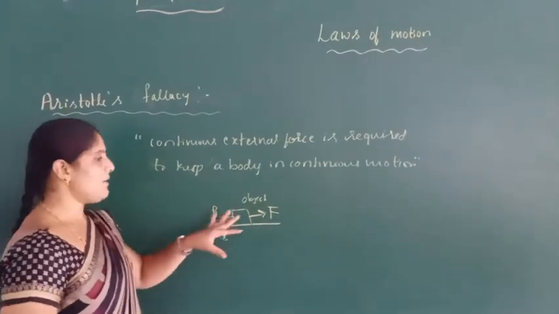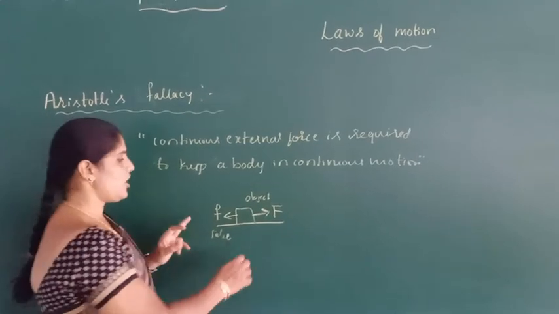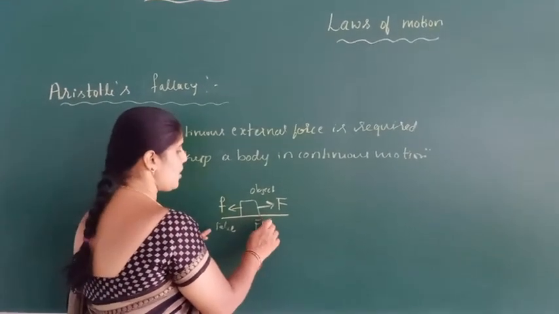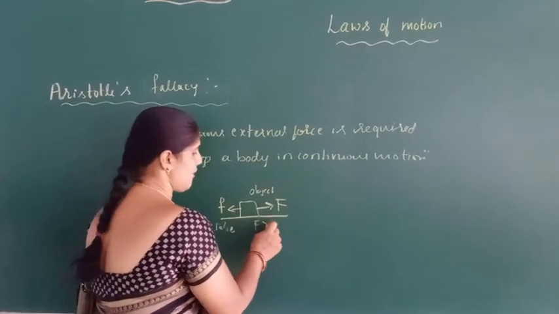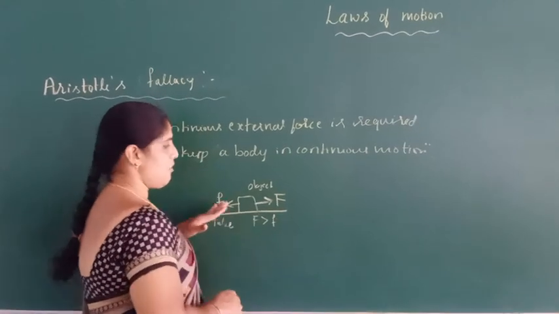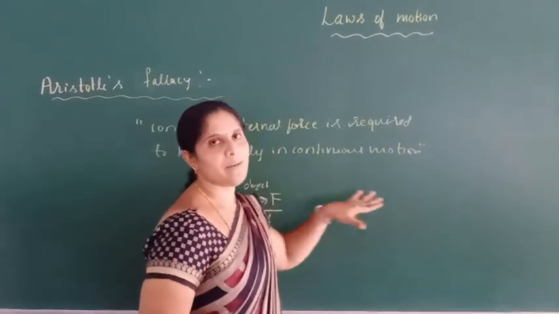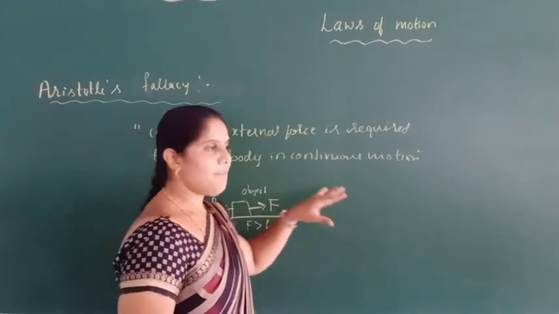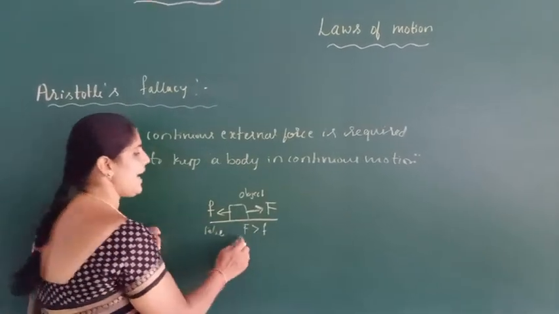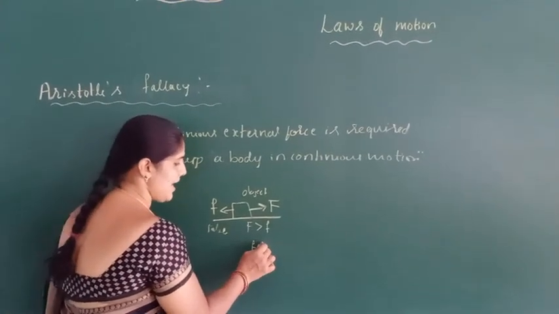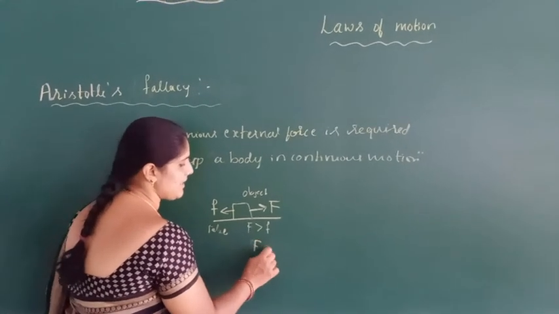As we apply the force, the applied force overcomes the frictional force. That is, F is greater than f. The body starts moving. If I remove the external force, F is less than f.